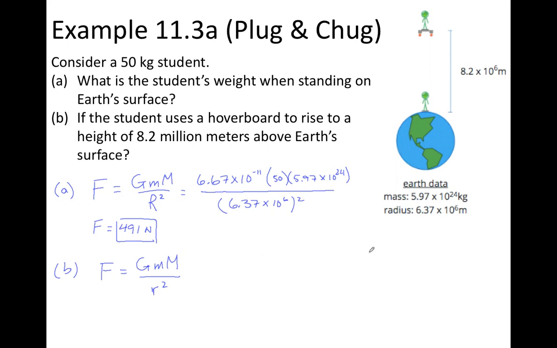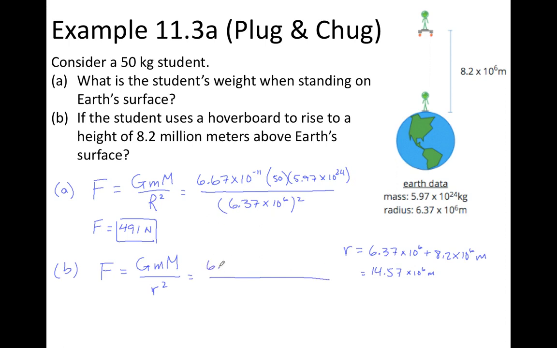Now, when we measure the distance to the center of the planet, we're going to have to add the radius of the planet, which is 6.37 million meters, to the distance from the surface, which is given as 8.2 million meters. So this works out to be 14.57 million meters. Remember, when we measure the distance between the objects, we are measuring the distance from the center.